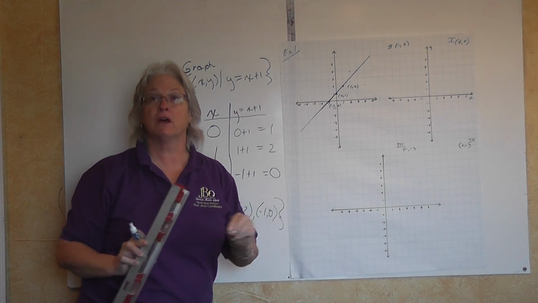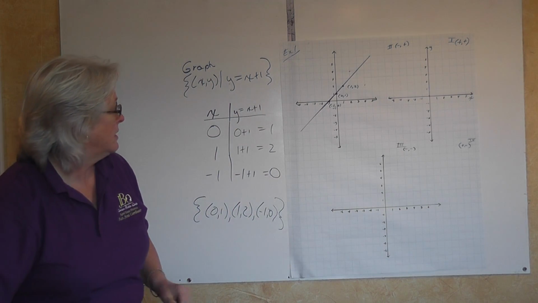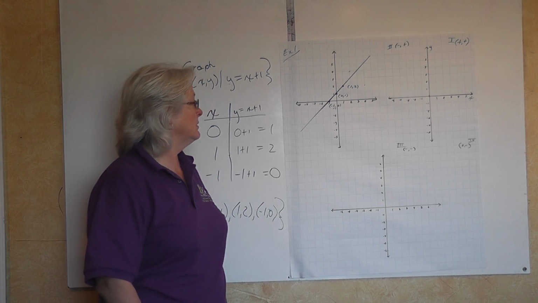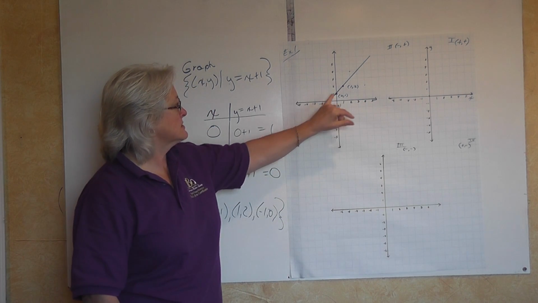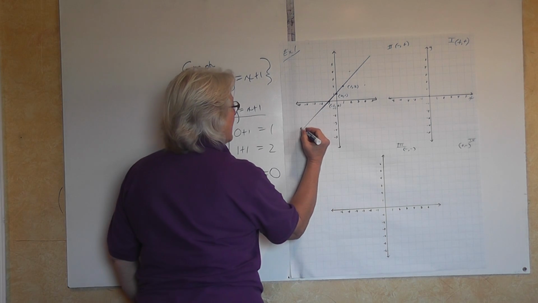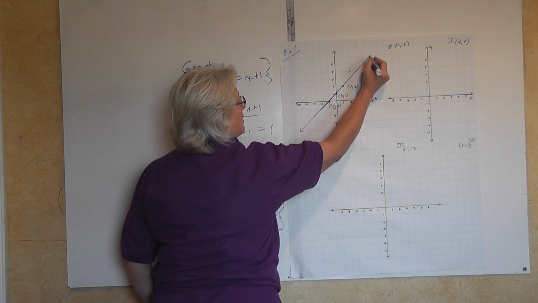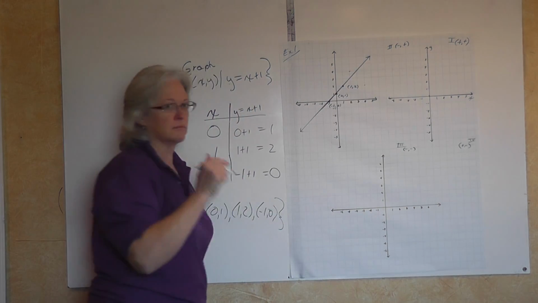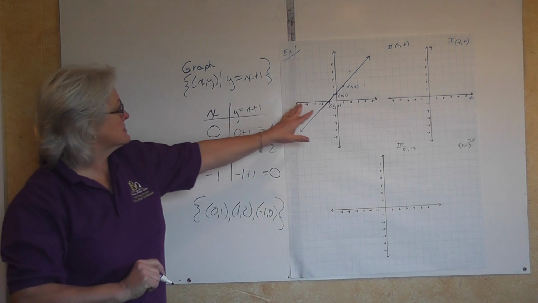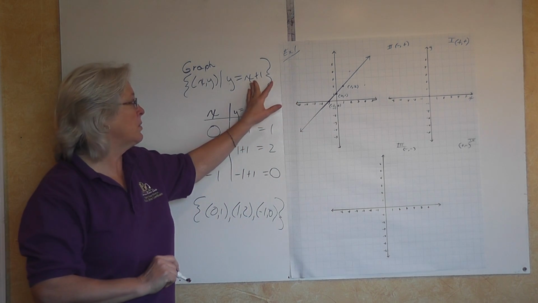And when I'm drawing the graph of a straight line, I want to connect the dots. I want to make sure that I'm crossing the x-axis and the y-axis. And then I want to make certain that I have added an arrowhead onto the end of that graph. The final thing that I want to do now is label this line with the original equation.